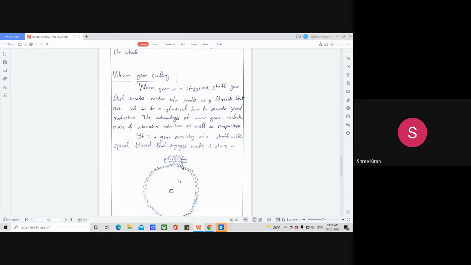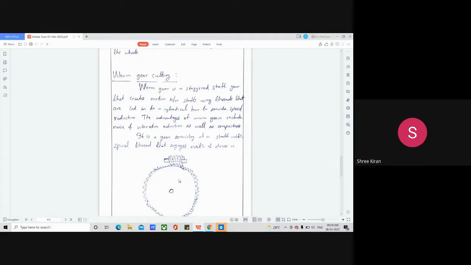So a worm gear is a staggered shaft gear that always creates motion between the shafts, using threads cut into a cylindrical bar in order to provide the speed reduction.